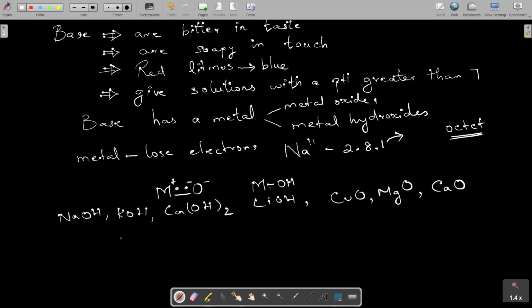So these are the bases. They are metal oxides, or they are metal hydroxides. Let me put it this way so that it becomes a little easier for you.